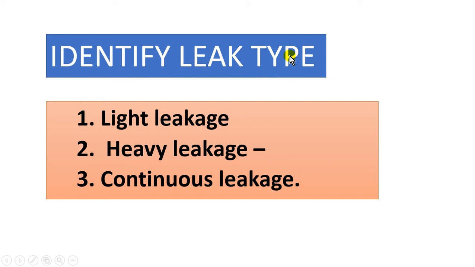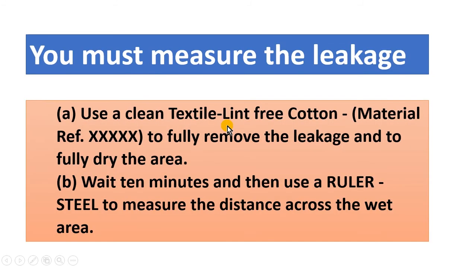Identify leak type. There are 3 types of leakage: light leakage, heavy leakage, continuous leakage. How do you know each one of these? These are the procedure materials.